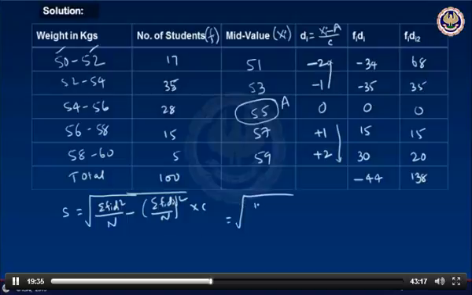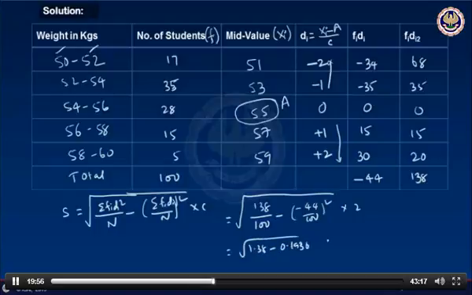We have 138 by 100 minus of minus 44 by 100 whole square. Here the length of class interval is 2, so this will be 1.38 minus 0.1936, into 2, which is equal to 2.18 kgs, the standard deviation of this data.